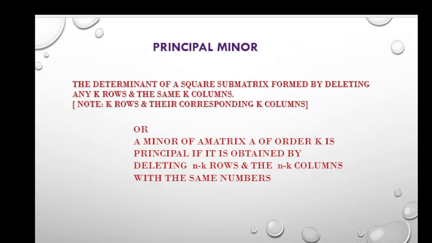After calculation, if we take n equal to 3 and k equal to 2, we get 3 minus 2 equal to 1. That is, we have to delete one row and one column. Okay.